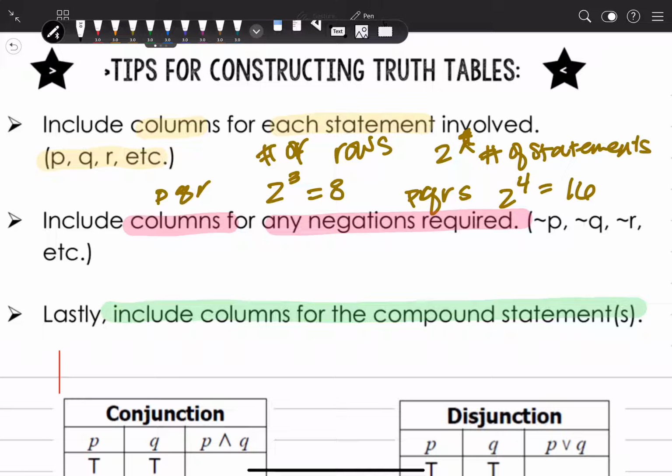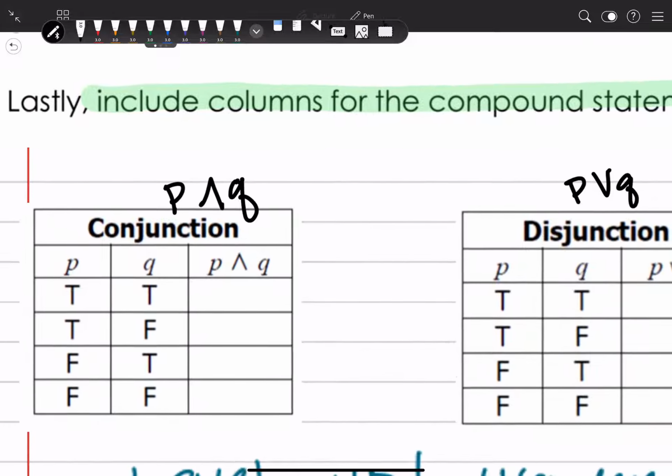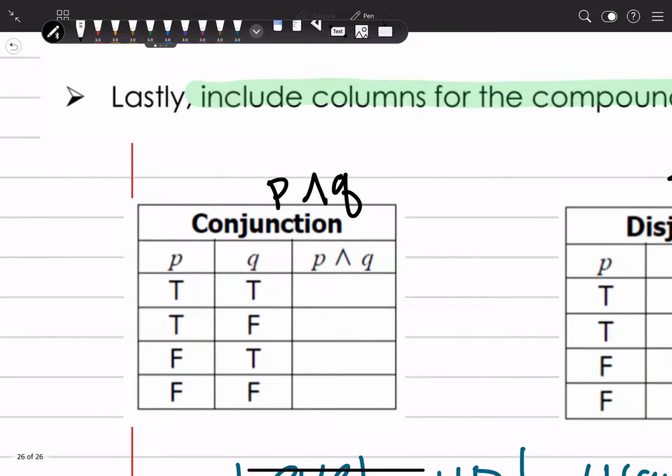So let's go ahead and talk about how we're going to do these compound statements. For example, conjunction, which is P and Q, or disjunction, which is P or Q. Notice I've already got 4 rows set up because I have 2 statements, P and Q, and 2 to the second, well, that's 4, 2 squared, right?